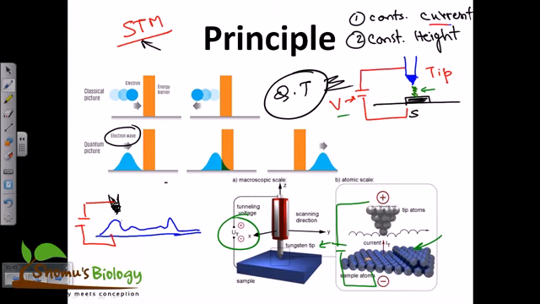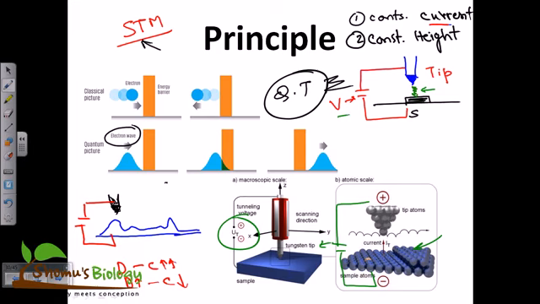If the distance between the tip and the sample surface is small, the current flow will be more. If the distance is high, the current flow will be less.